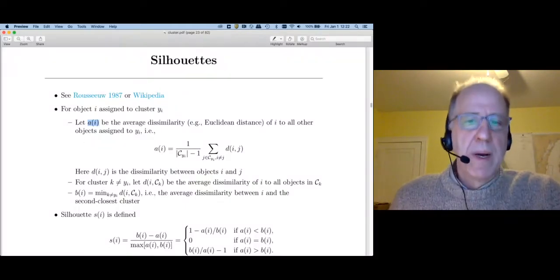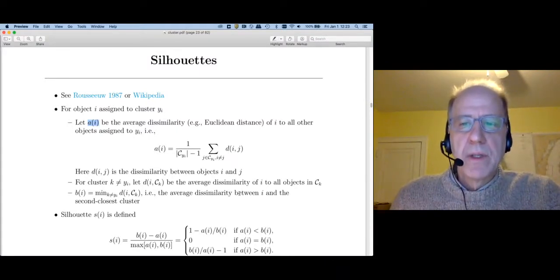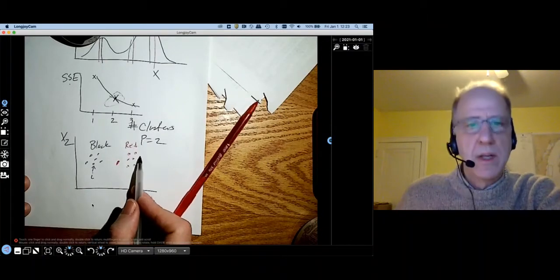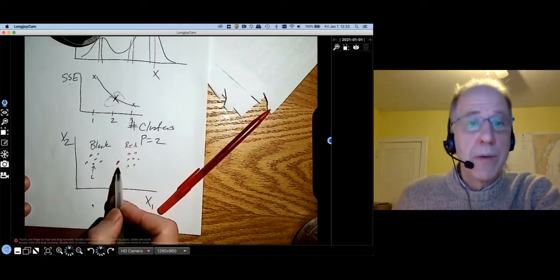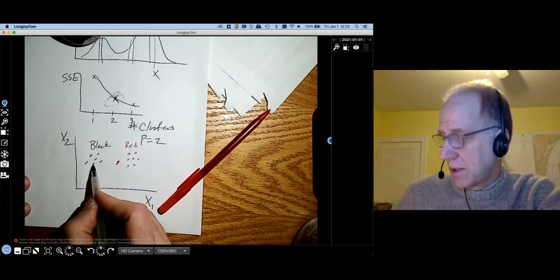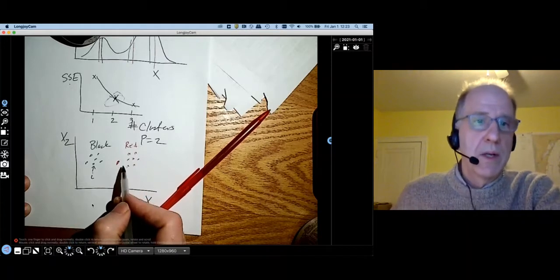Then B sub I is going to be the average dissimilarity between some observation I and the second closest cluster. So in this case, the second closest cluster to this would be the red one, and we would simply average the distances between I and all the points in the red cluster.